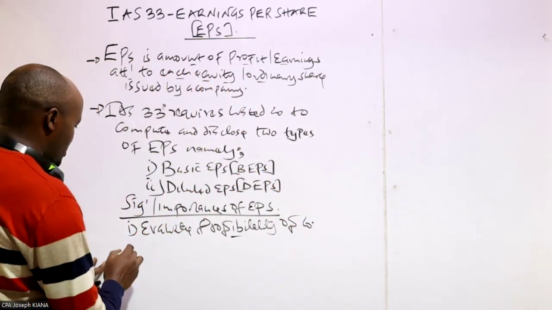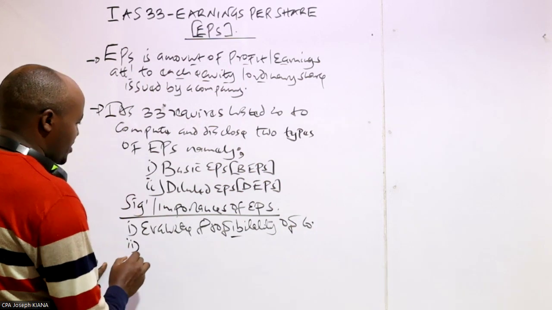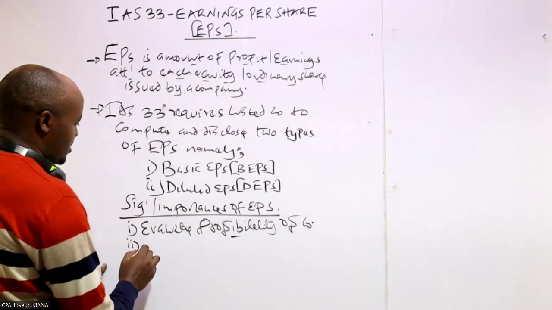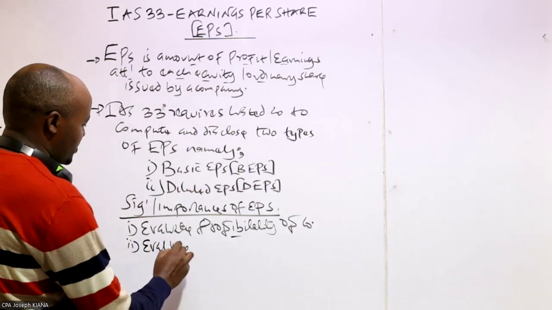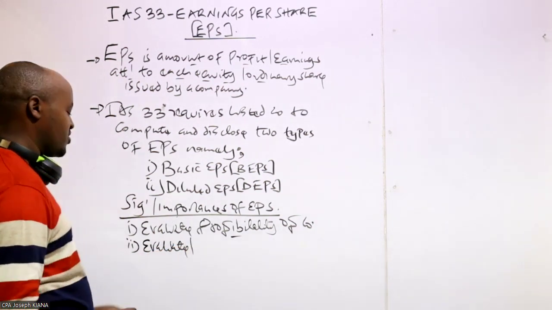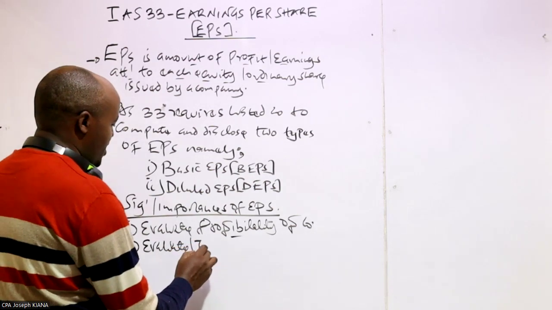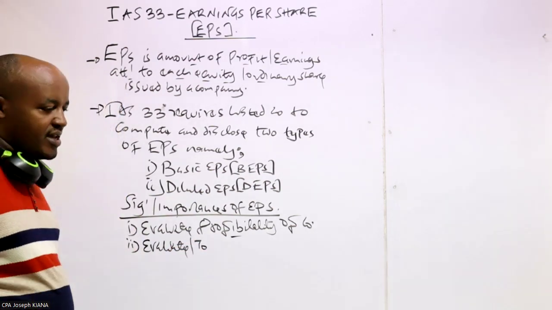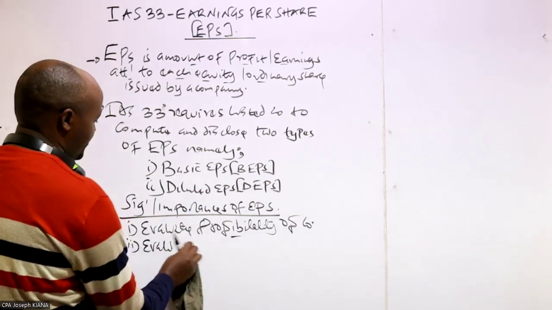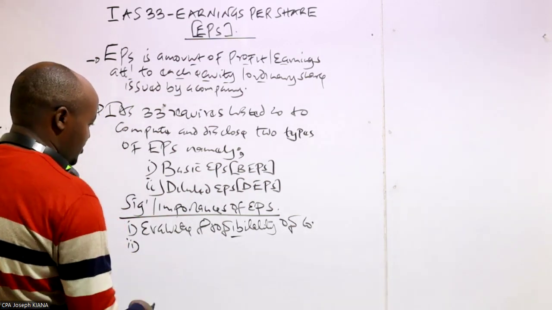Number two, this earnings per share is used by the shareholders of the company to compare the performance of the company in different years.